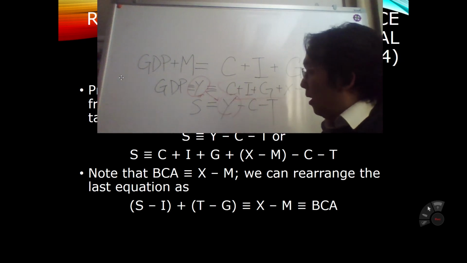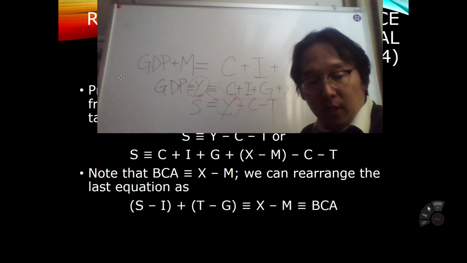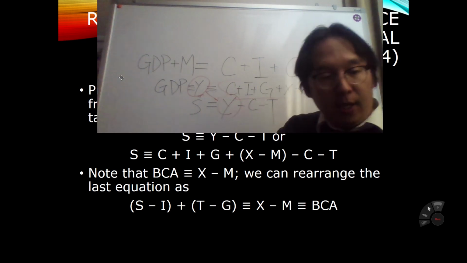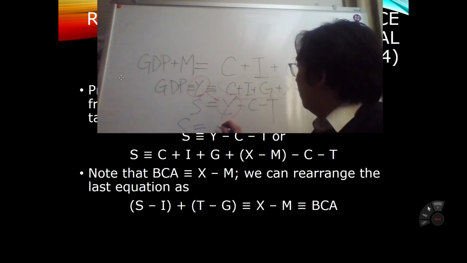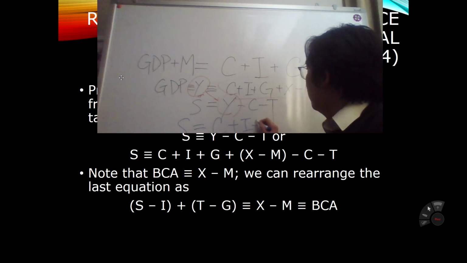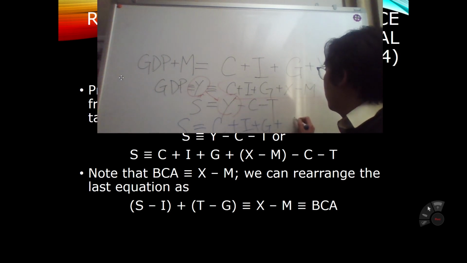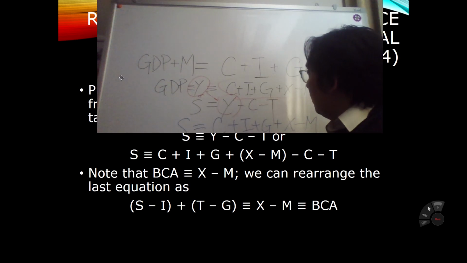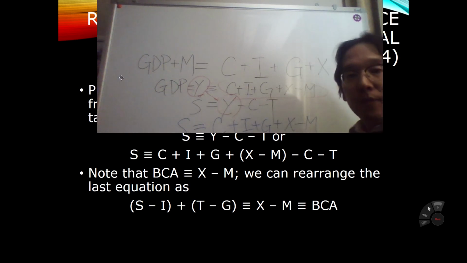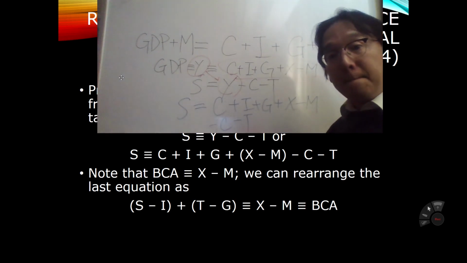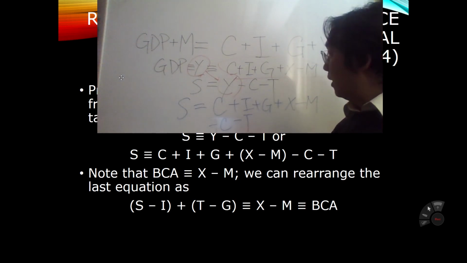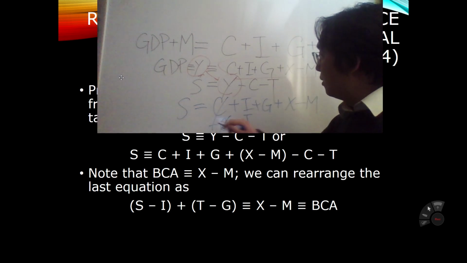And that tells me that your savings is nothing more than C plus I plus G, our spending, plus X minus M minus C minus T. Make sense? Minus C minus T, right? So what do you see? Cancel each other out, okay?